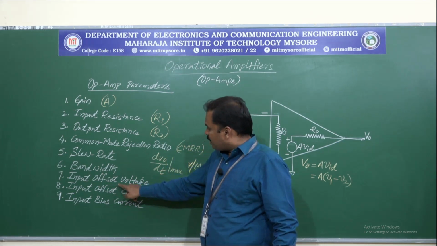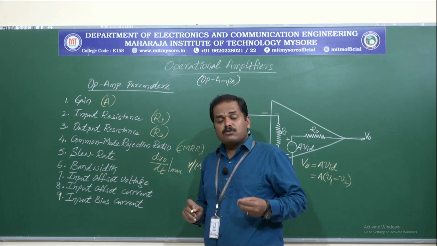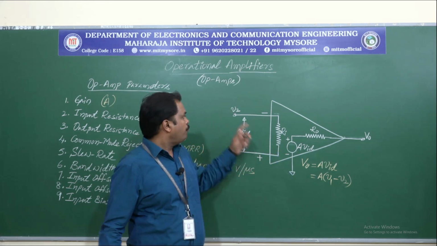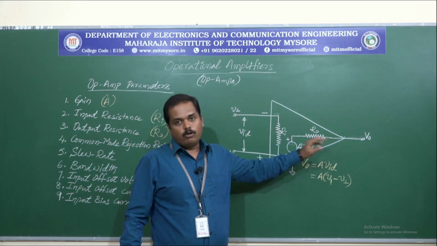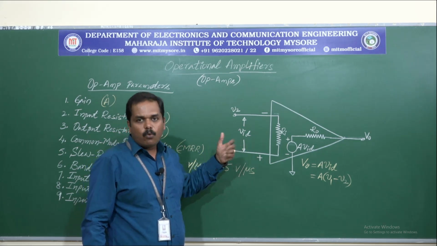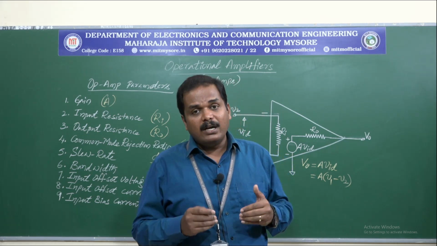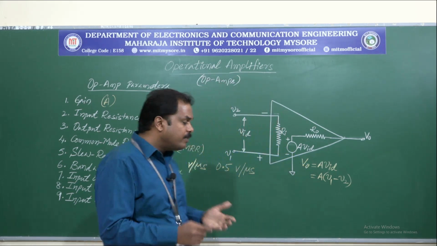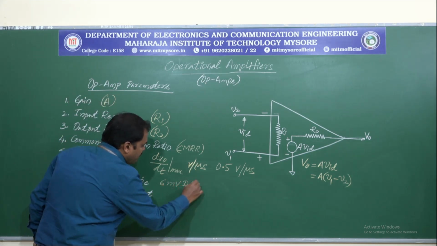And the next parameter is the input offset voltage, and this is defined as the small voltage that is required to apply at any one of the input terminals, either V1 or V2, to nullify the output. And this small voltage we apply is a DC voltage. This comes into picture when the op-amp is working in common mode configuration, and the typical value of the input offset voltage is 6 millivolts DC.